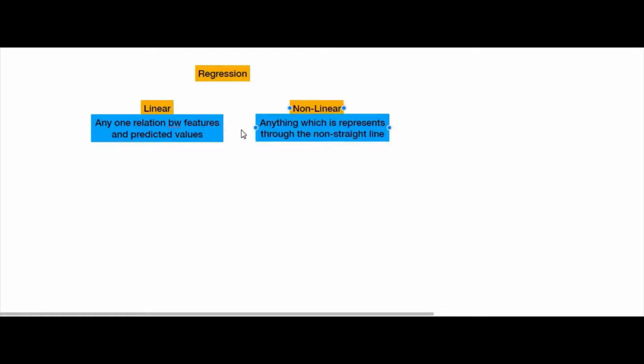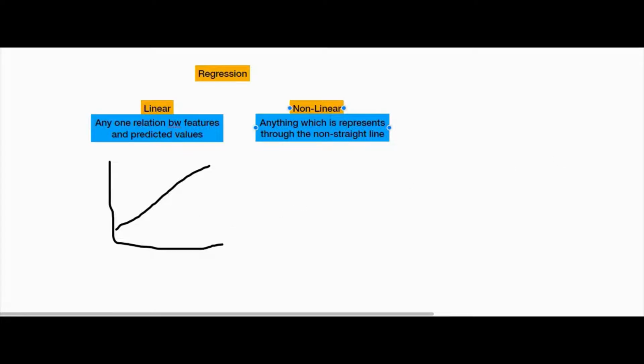Now there are two types of regression: linear regression and non-linear regression. In linear regression, the relationship is represented by a straight line like this. I will show you through the visualization. That's how you can say this is linear regression.